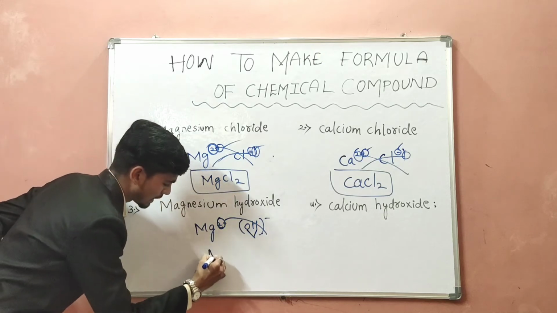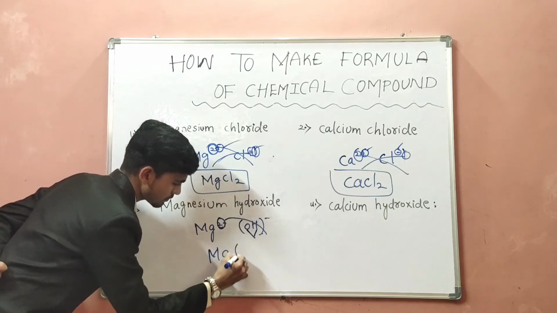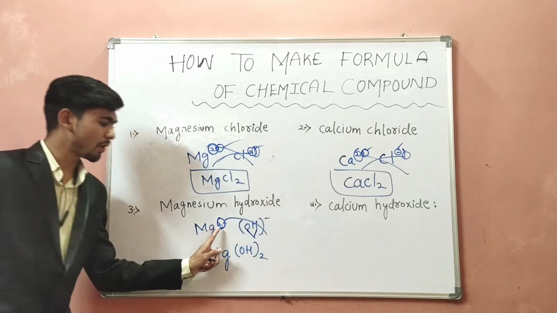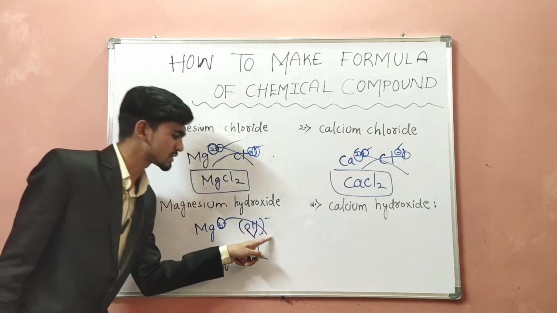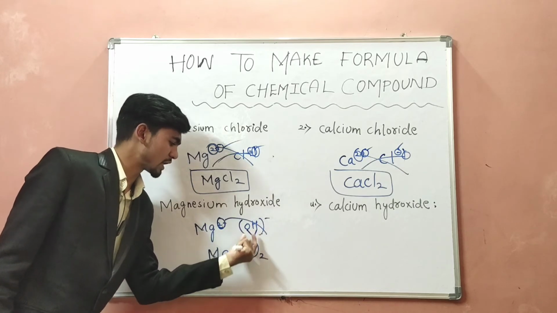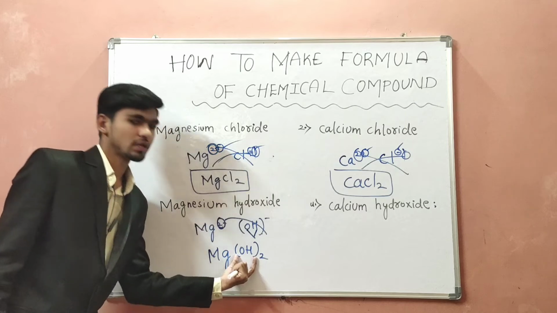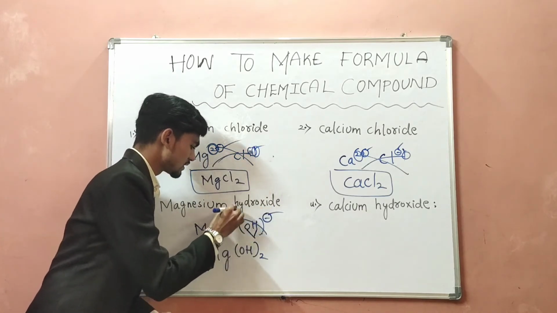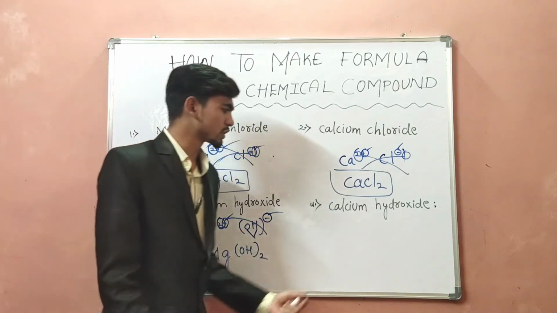So we get the formula as Mg(OH)2. That's why we mention it in a bracket, and neglect the charge carriers.